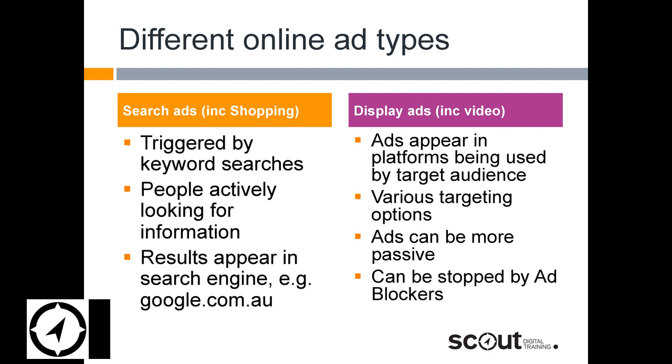So looking at the two main online ad types, this is very, very broad, but we have search ads. Search ads are an aspect of Google Ads, and they include shopping ads as well. They're the types of ads that are triggered by keyword searches, where we're dealing with people who are actively seeking information on a particular topic, looking for products, services, information, businesses, and those results generally appear in a search engine such as google.com.au or google.com, which is what Google Ads is related to.